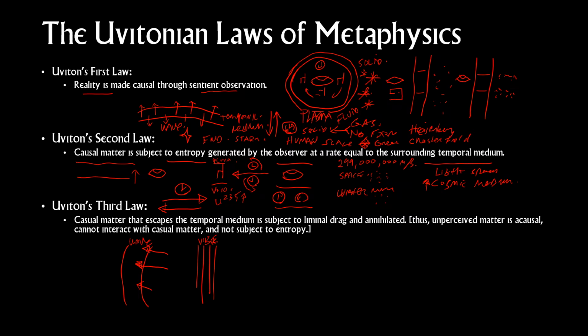And so whatever is going to be happening here is, of course, if you have your causal matter that's been perceived, that chair, if you try to send that chair backwards through time, the liminal drag annihilates it before it can actually escape. And so that's that transitive piece.